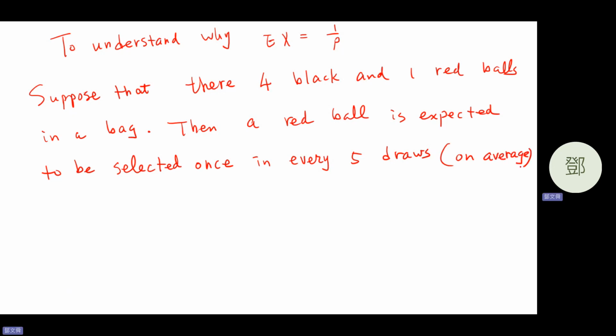All right, on average. So a red ball is expected to be selected once every 5 draws because there are 5 balls, 4 of them black and one of them red.